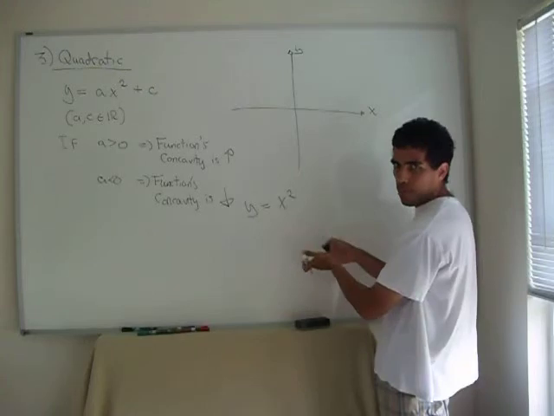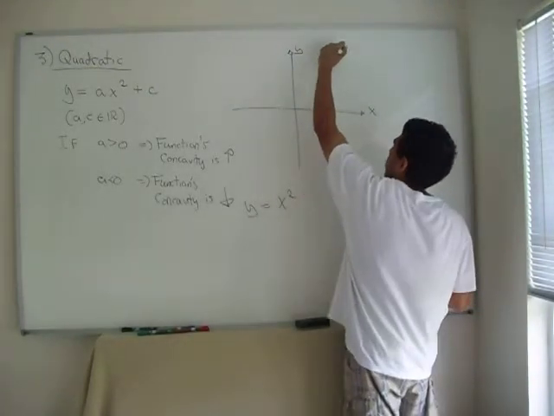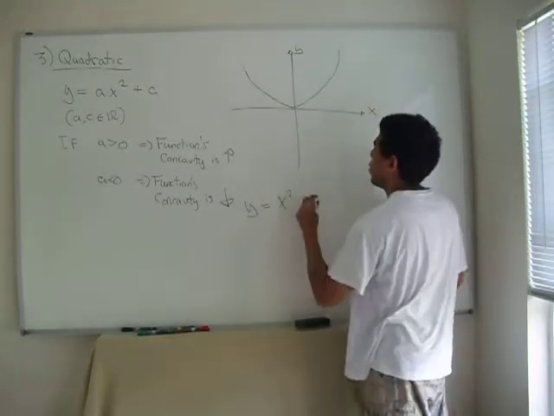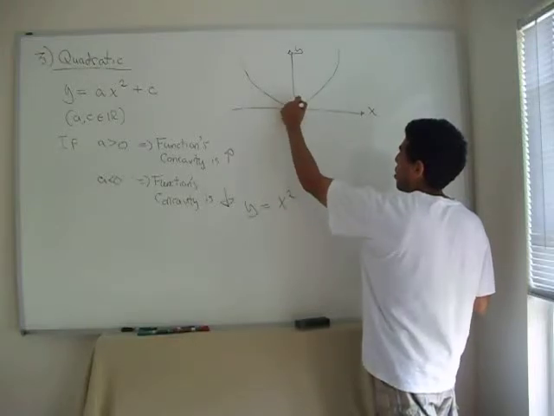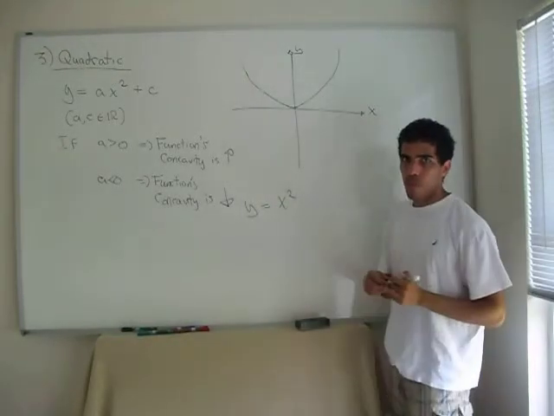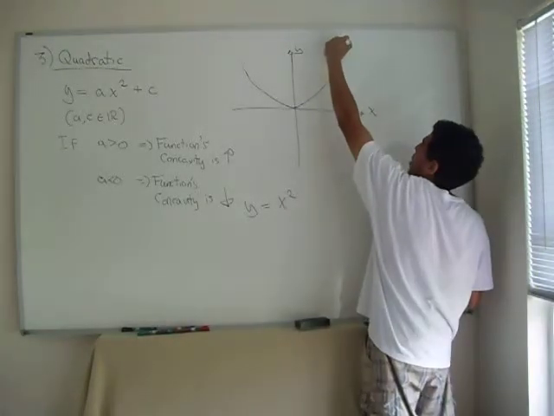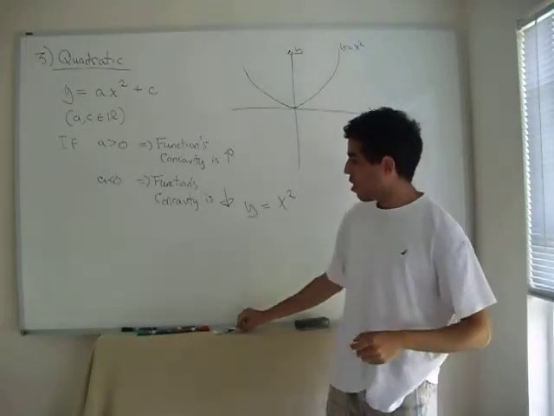The function is going to be opening north. The graph looks a little bit like this, and you can do the little exercise of plugging in values. It's going to look a little bit like that. This is y equals x squared.